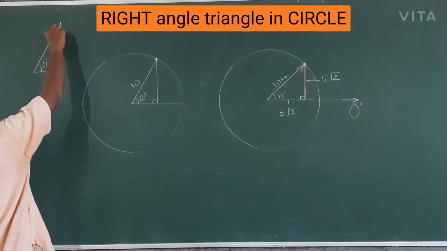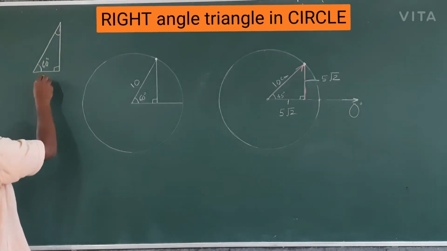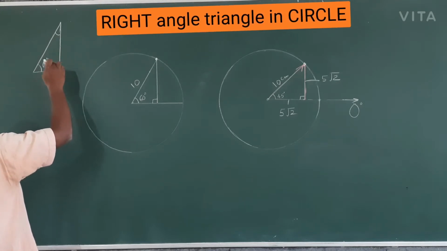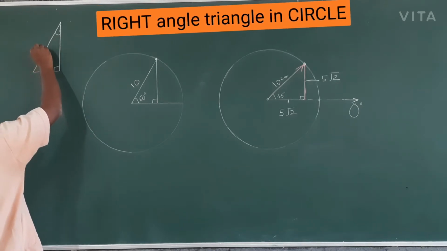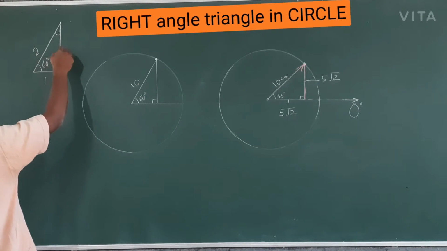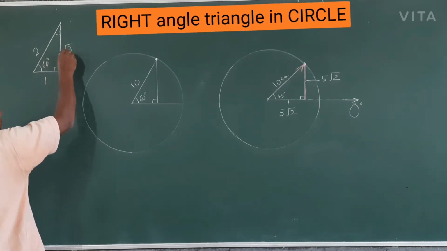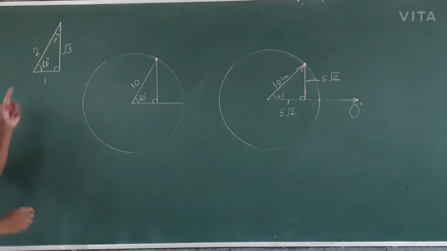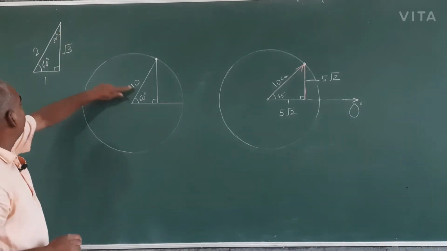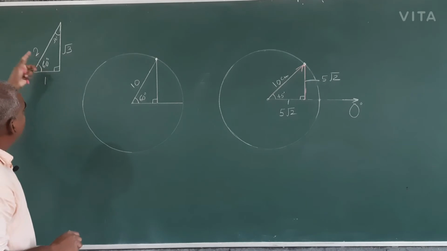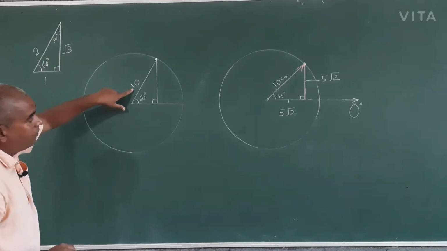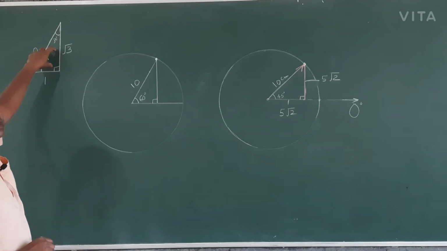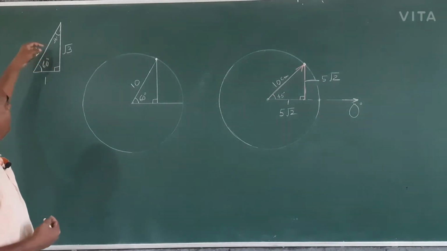Opposite to the 30 degree is the smallest one, 1; opposite to the 90 degree is the greatest one, 2; and the middle one is root 3. This is 30 degree, so this will follow here. If this is 10, it means 2 is equal to 10, so you have multiplied by 5 times. This is the unit right angle triangle for the definition of trigonometry.